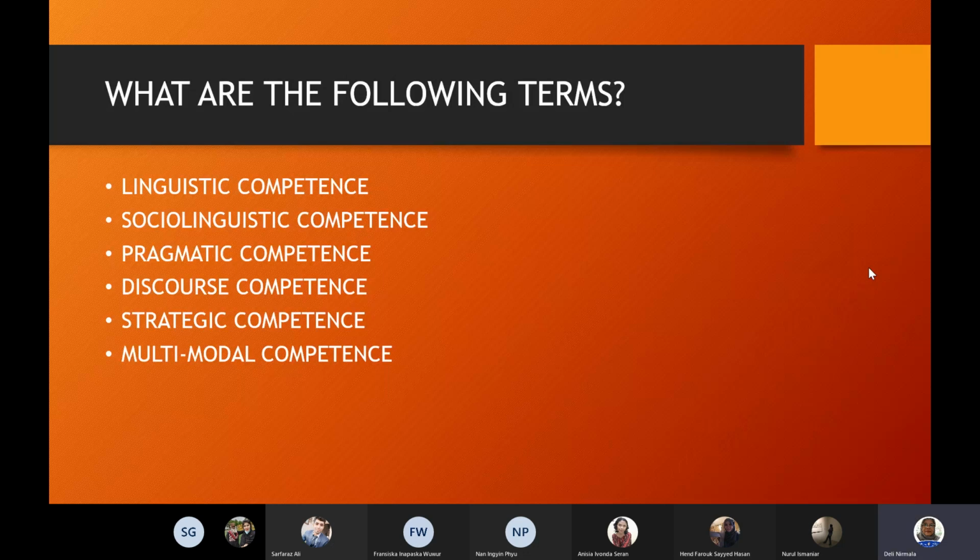In needs analysis you conduct the analysis and then the syllabus design, but in materials development you develop the materials suitable for the syllabus that you designed. So these two subjects are related to each other. Don't make something different, it will be hard for you.